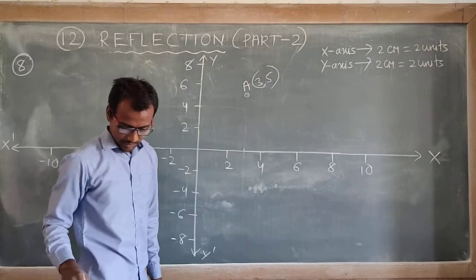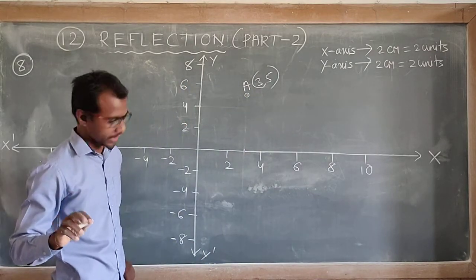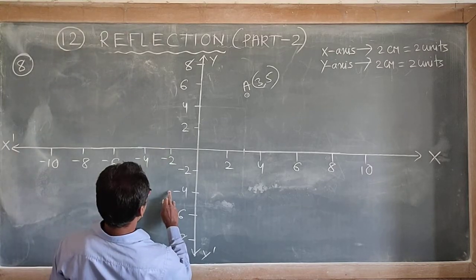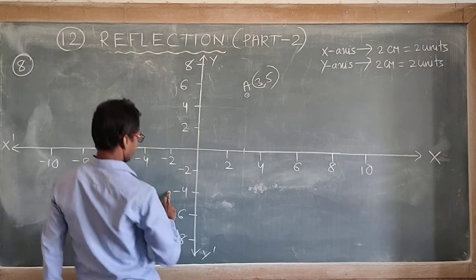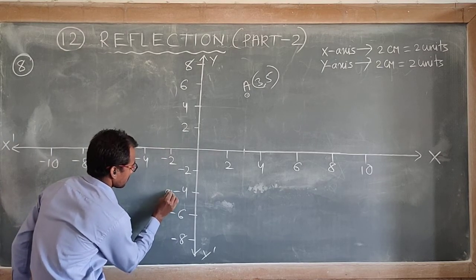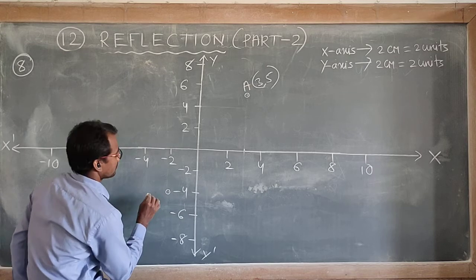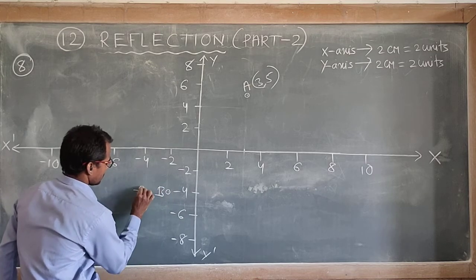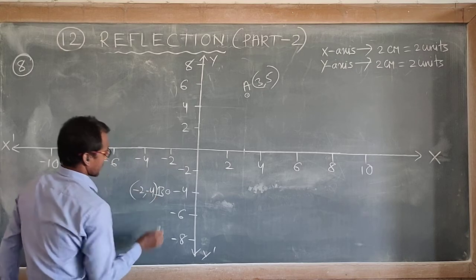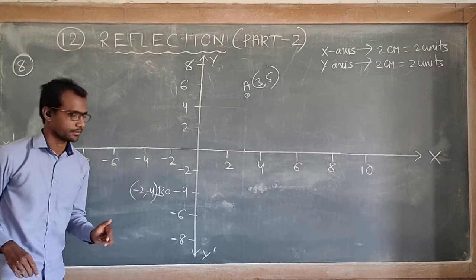Okay. Then minus 2, minus 4. Minus 2, minus 4. This point, minus 2, minus 4. Point B.